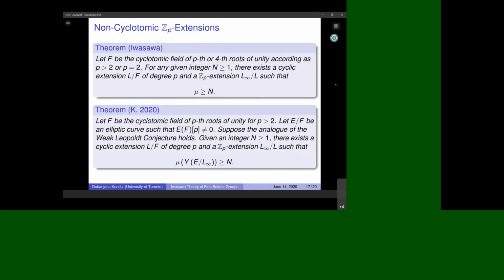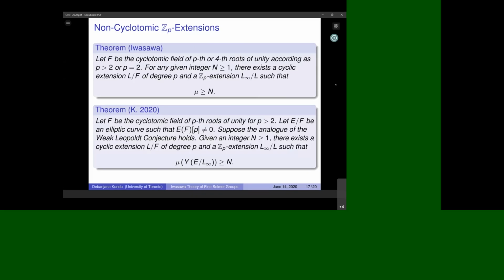So Iwasawa actually, though he conjectured that for cyclotomic ZP extensions, mu should be equal to 0, in 1973, he was able to construct explicit ZP extensions where the mu could be arbitrarily large. And there were no known examples of fine Selmer groups over ZP extensions where mu could be positive.